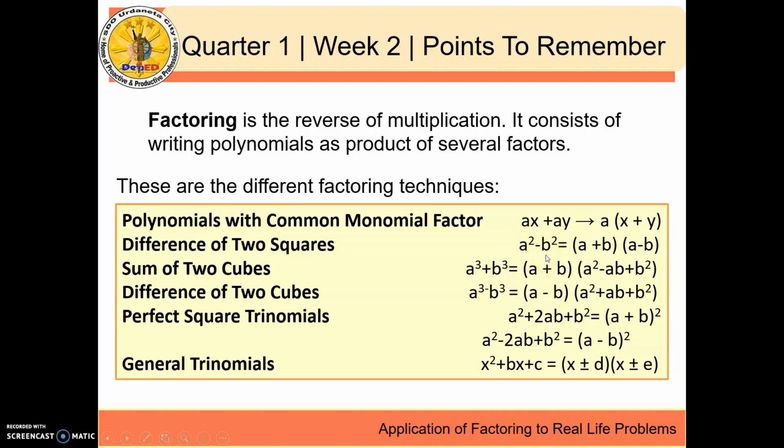of the given polynomial. Next, for sum of two cubes, if the polynomial has exactly two terms, the operation involved is addition, and both terms are perfect cubes, we can factor it using the pattern a plus b times a squared minus ab plus b squared, where a and b are the cube roots of the first term and the second term of the given polynomial.